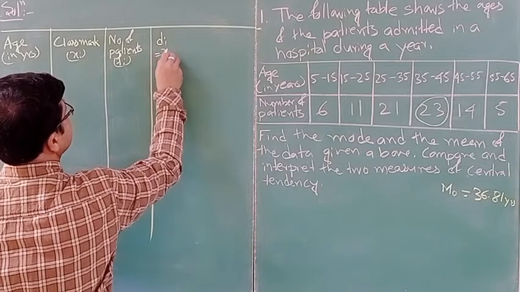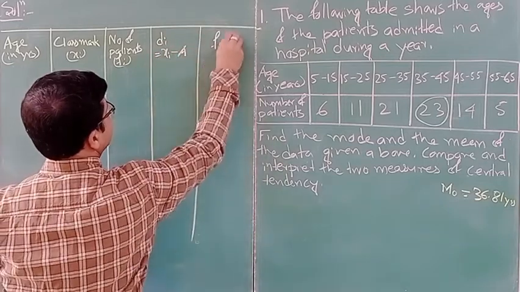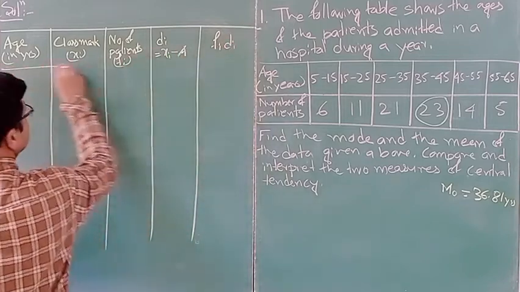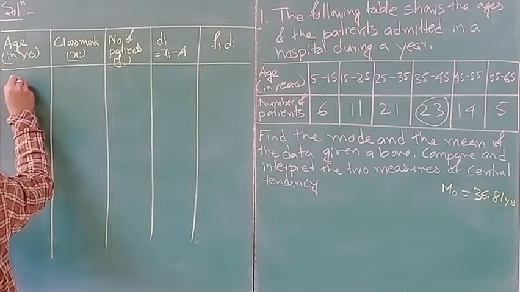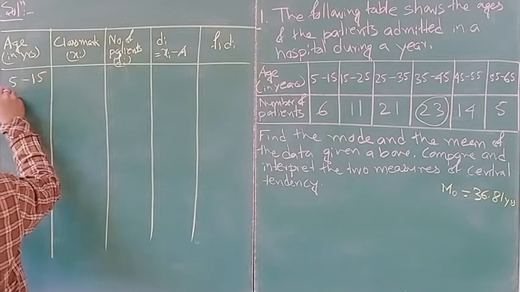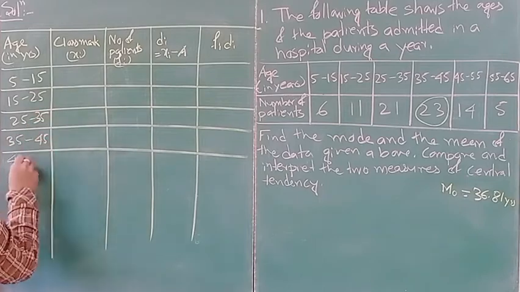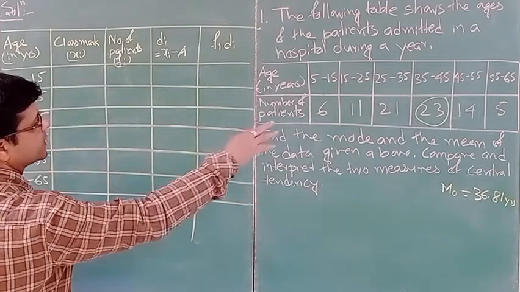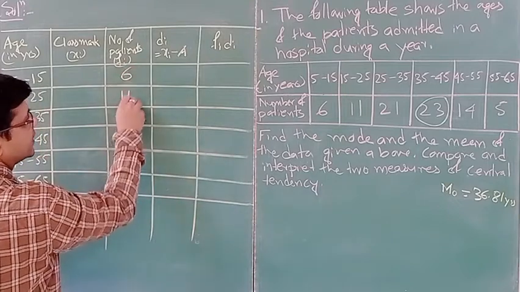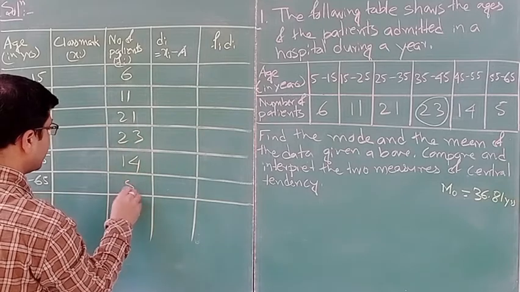The deviation is xi minus a, then fi di. So this is 5 to 15. The number of patients are 6, 11, 21, 23, 14, 5.